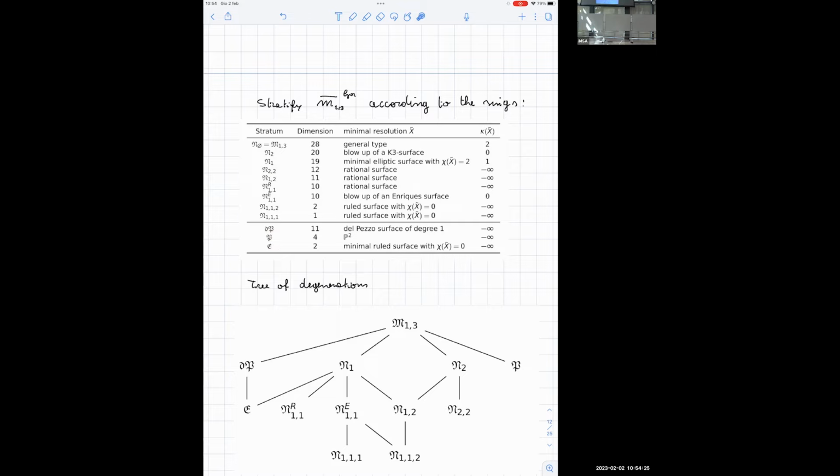As you see, we have listed here the type of the minimal resolution and the codimension. Another reason why it's easier to study these examples is that since K² equals 1, the normalization or the minimal resolution of the stable non-classical surfaces are never of general type.